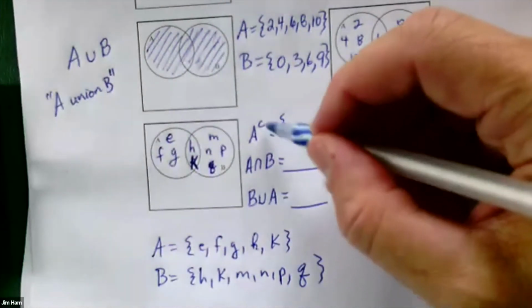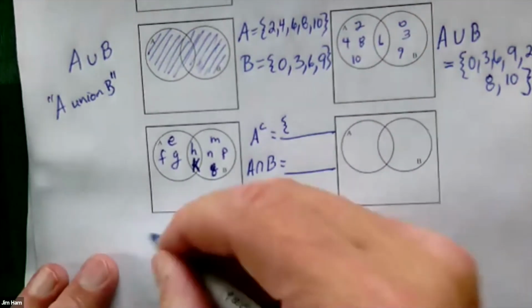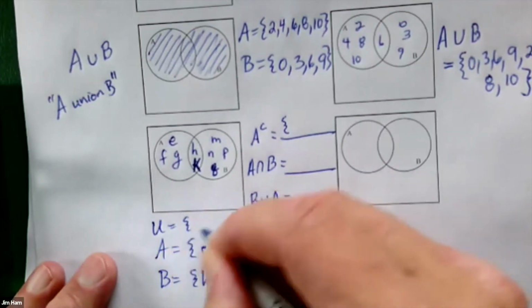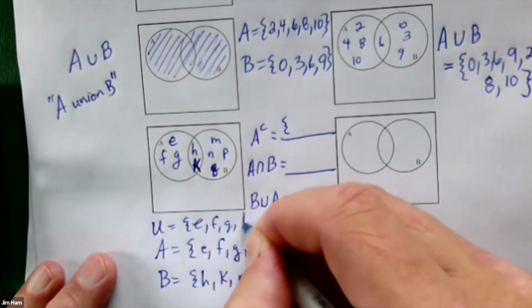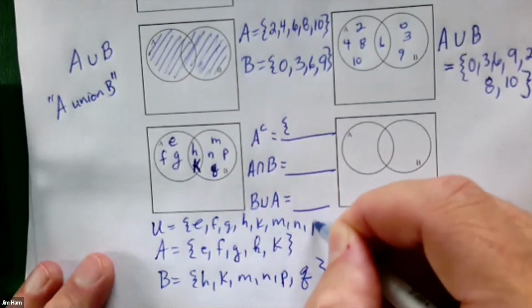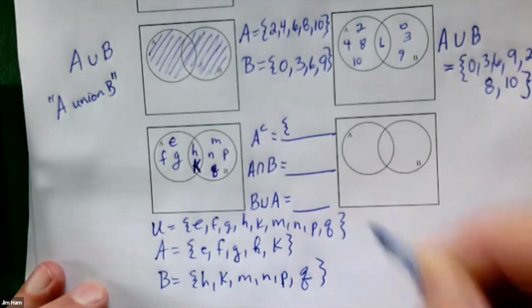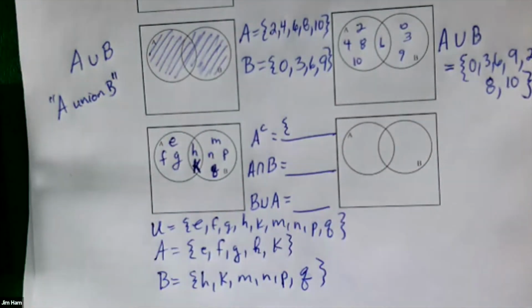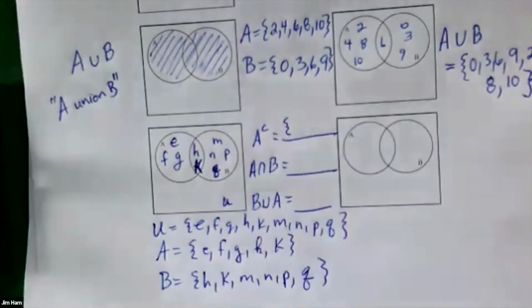But everything not in, I suppose I should write the universal set too: E, F, G, H, K, M, N, P, and Q. Universal set. Don't need to do that.